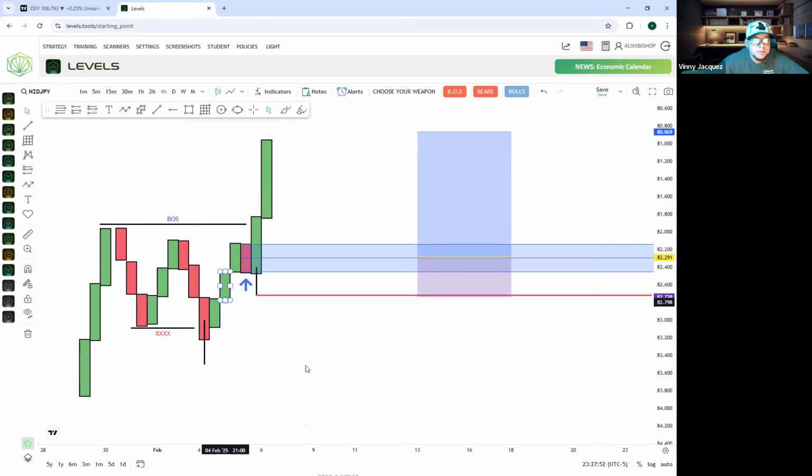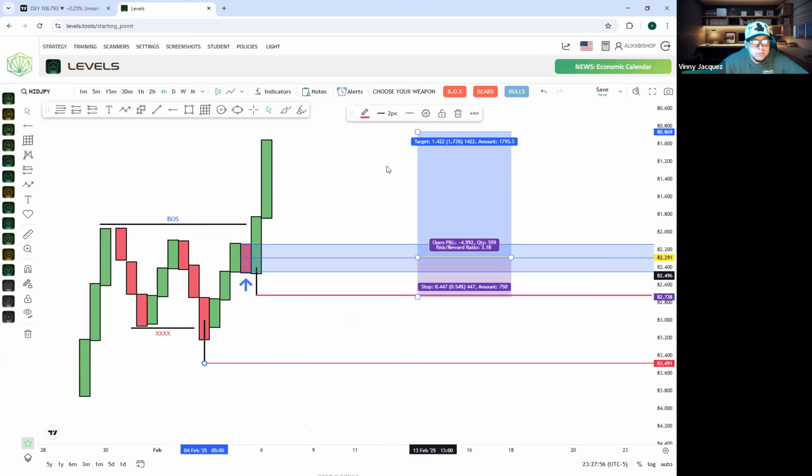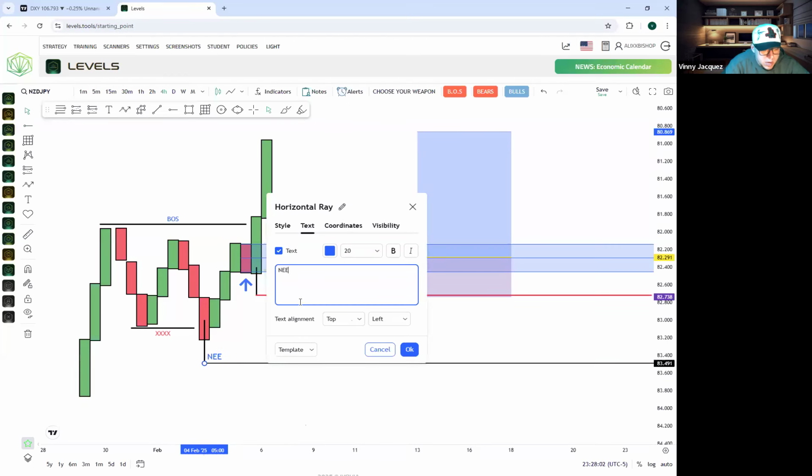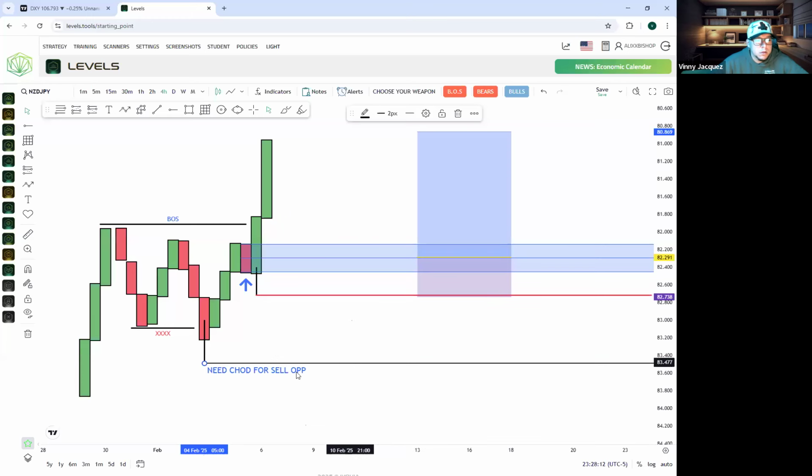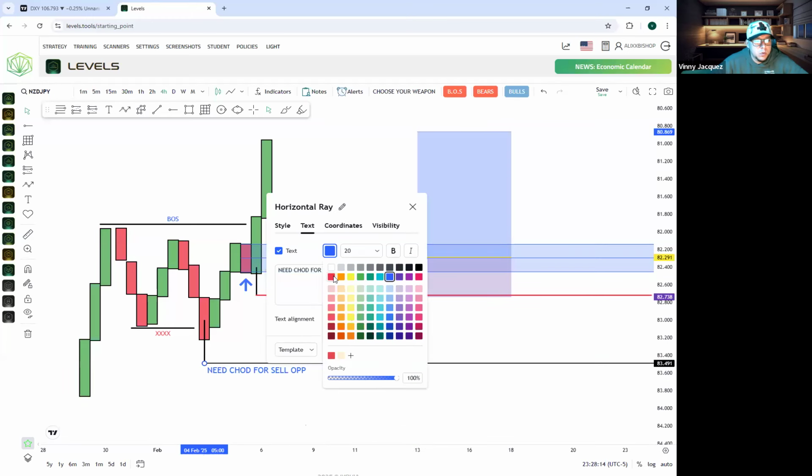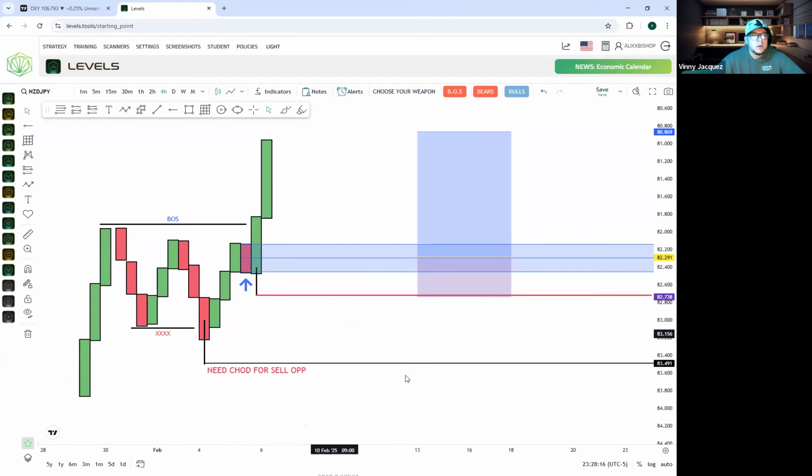When I see that, I want to make sure that this low is broken, right? That's my change of direction. And I label my stuff just like this: need change of direction for sell opportunity. Oh, let's make this red because I want a bearish change of character, right?